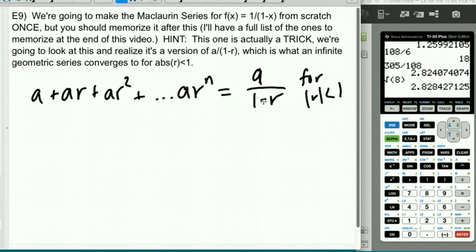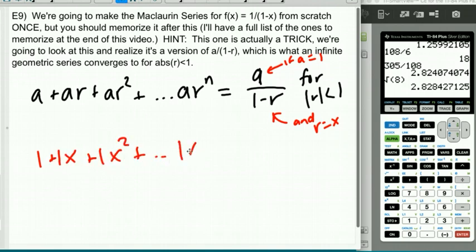So if I wanted to write this thing as 1 over 1 minus x, what's interesting is if a is 1 and r is x, this series would look like 1 plus 1 times x plus 1 times x squared plus dot dot dot 1 times x to the n, and it would converge to a over 1 minus r.